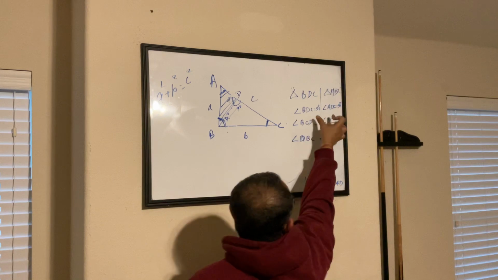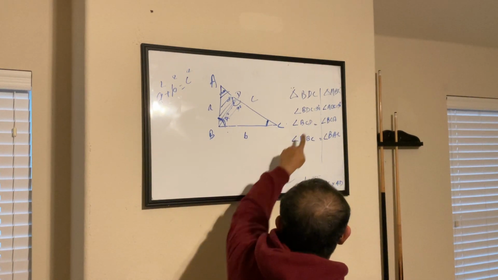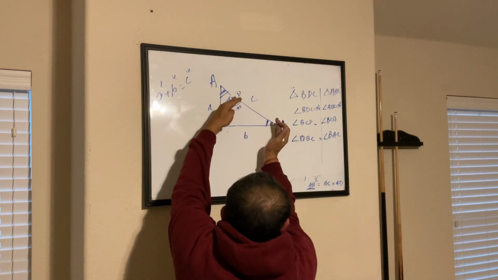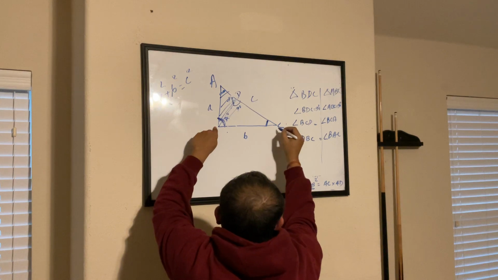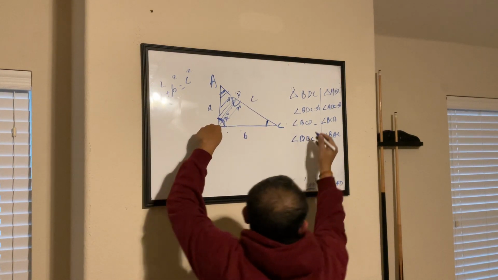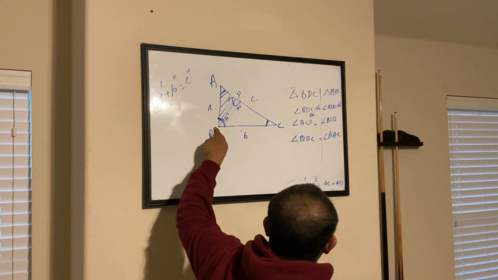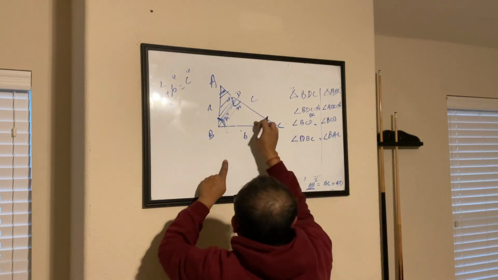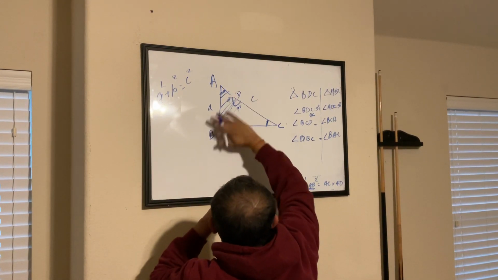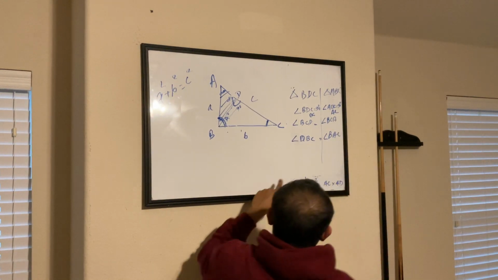When these angles match, let's put the side opposite to each angle right underneath it. In the small triangle BDC, the angle is BDC and the side opposite to it is BC. Similarly, the second angle is ABC, 90 degrees, and in the larger triangle the side opposite to it is AC.